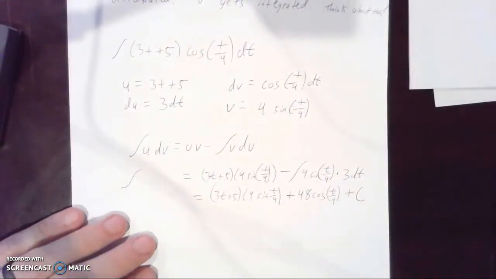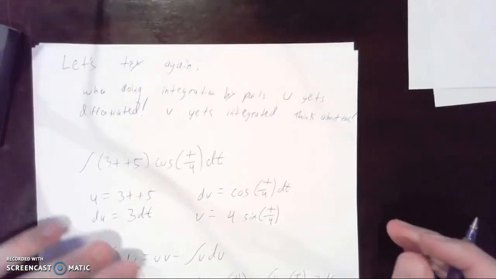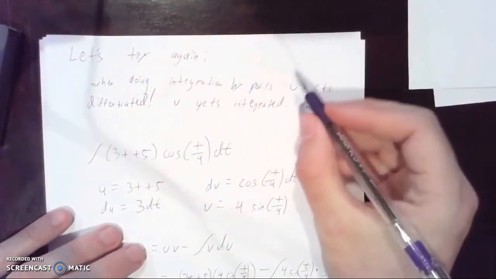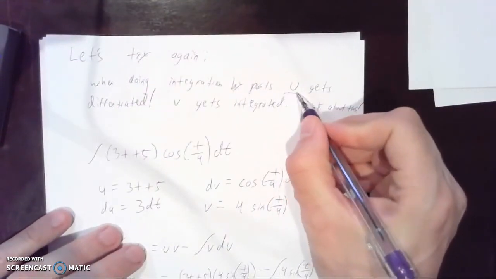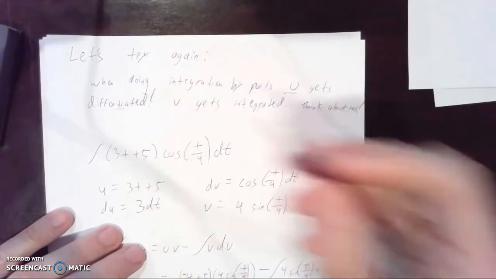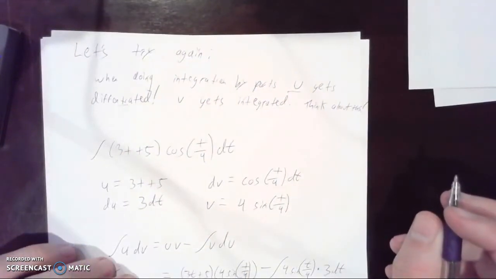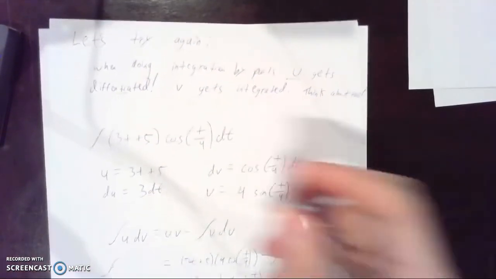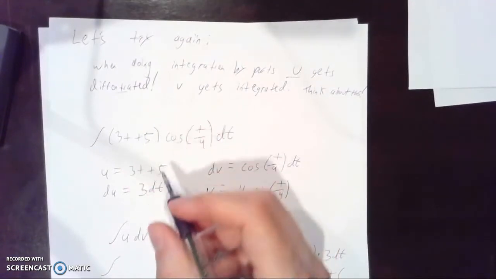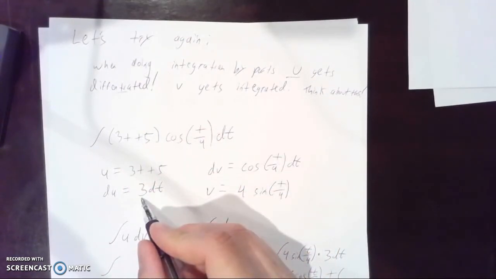Let's take a look at another example. One thing to keep in mind when you're doing this is that whatever you pick for u is going to get differentiated, which often means it's going to get simpler. If it's something like 3t plus 5, that becomes a 3, right?